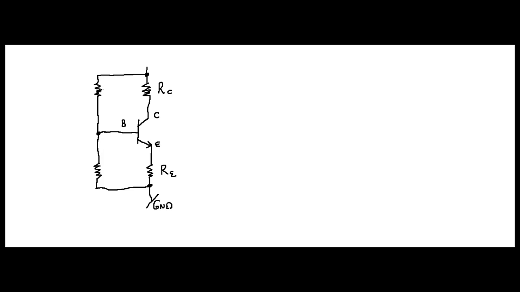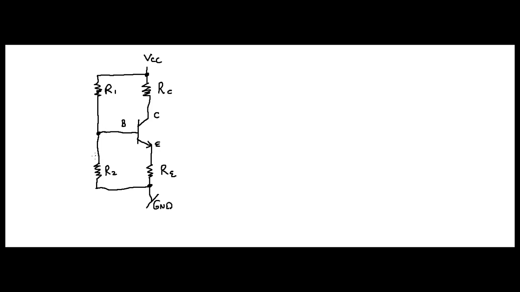Now, these two resistors, which we're going to label R1 and R2, are simply used to provide a bias voltage on the base. Alright? By the way, up here is VCC. So you have a voltage here, it goes through this resistor, and then it's at ground, right?